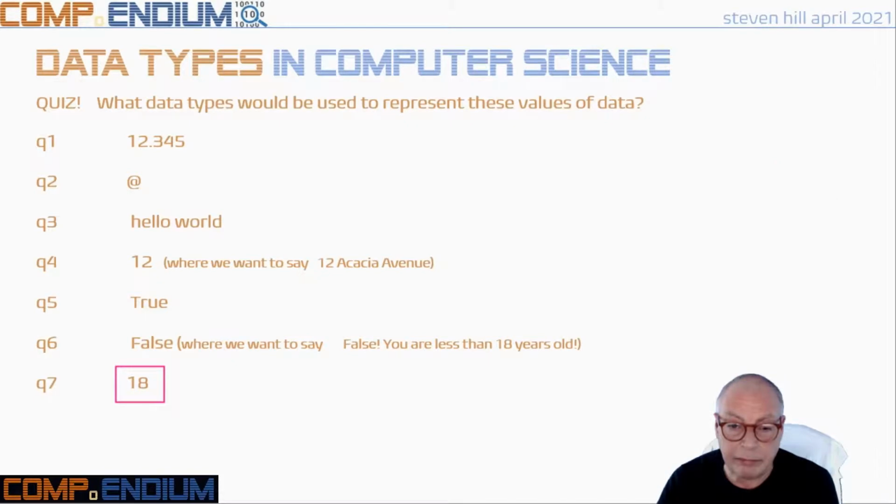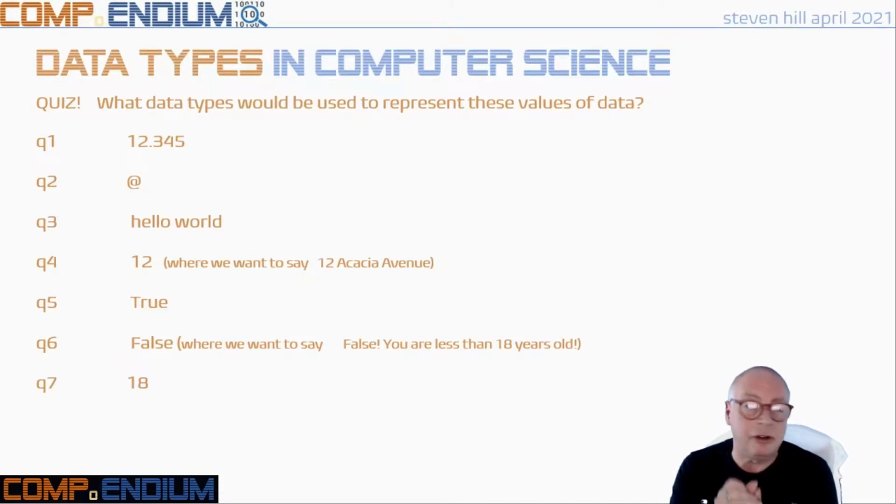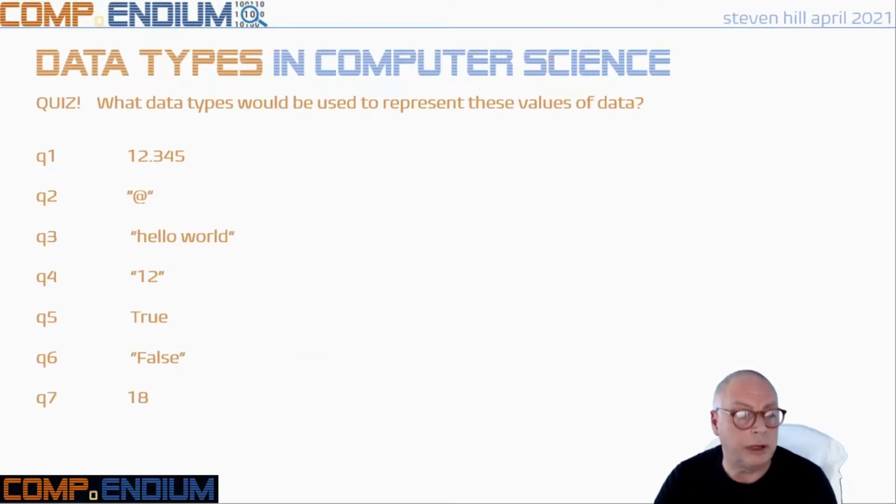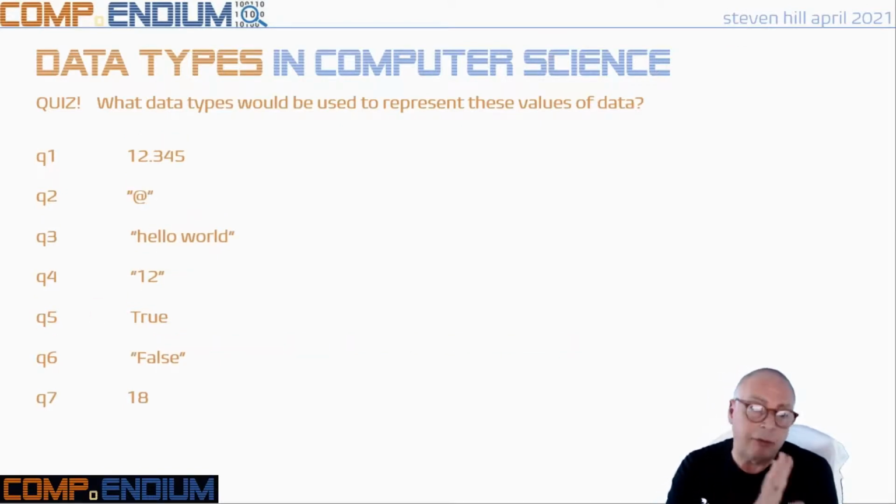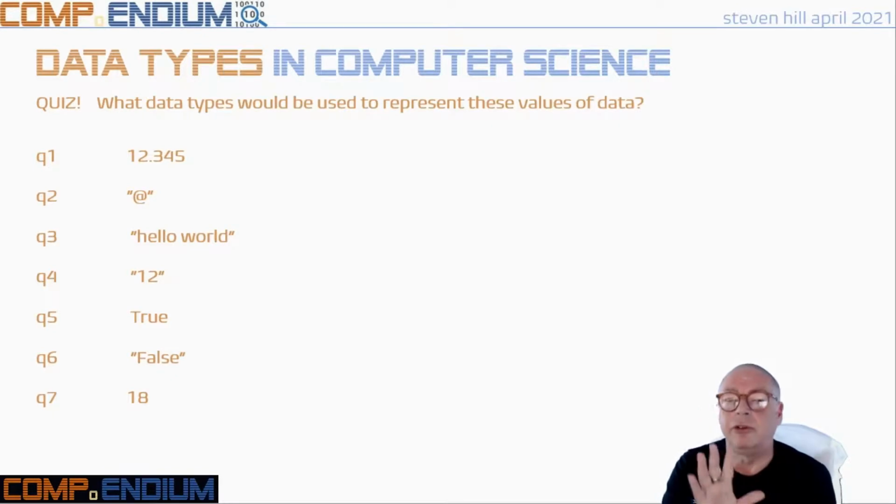Now, some of these questions I put together deliberately because I wanted to make a point, which I'm going to show you in the next slide, because the ideal scenario would have been to have presented you with the same questions looking like this. Have a look at the way that I have now phrased the data to make it a little clearer what the context is for some of the more ambiguous items of data.